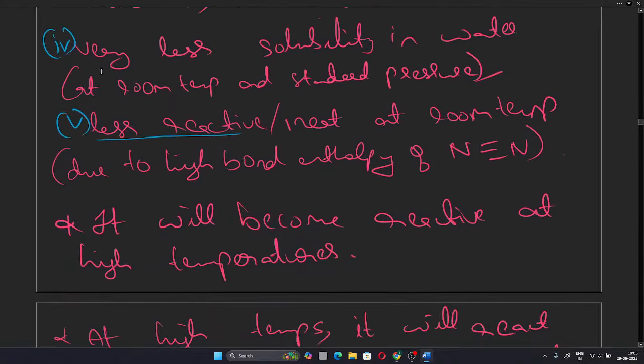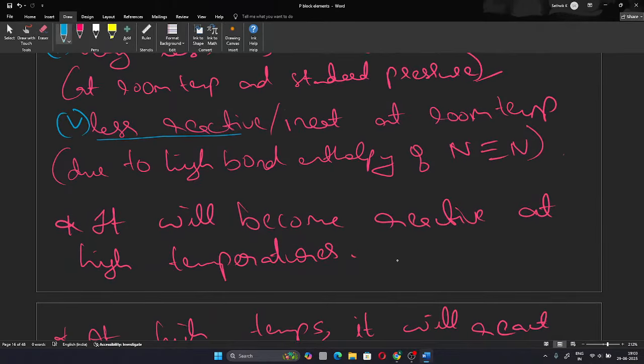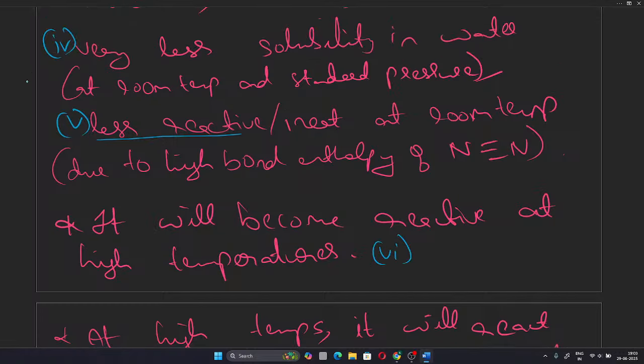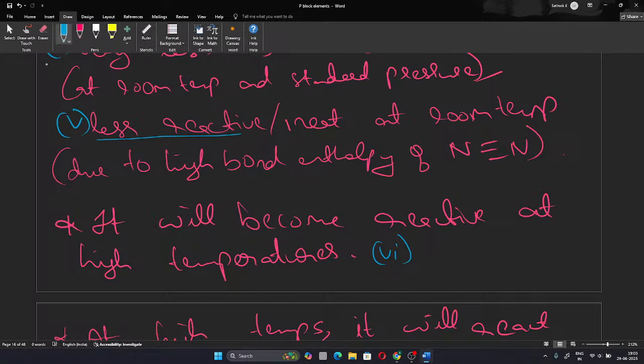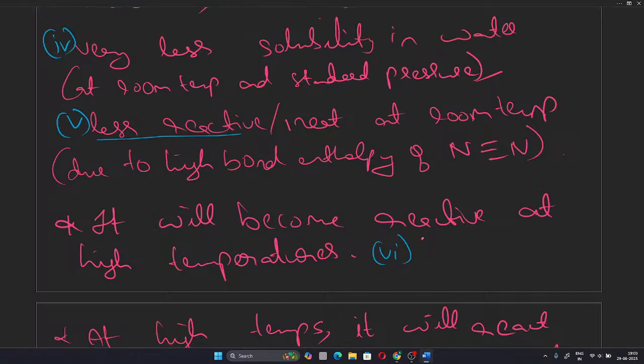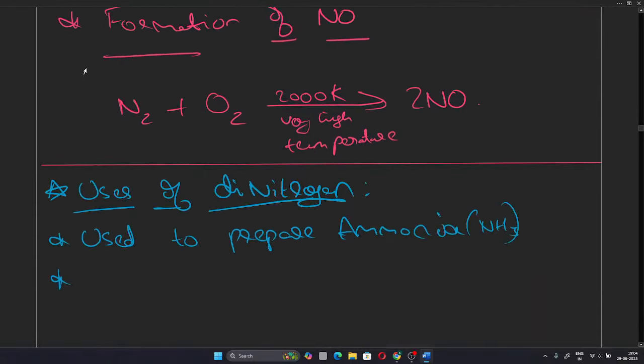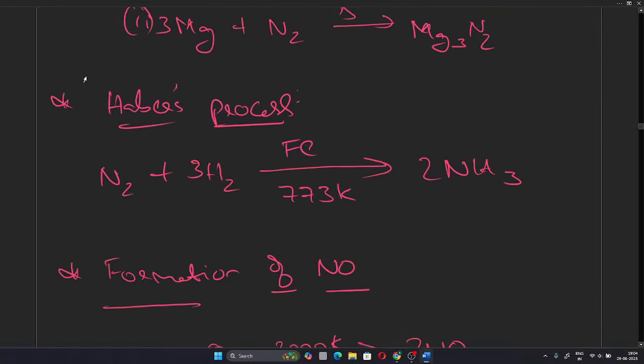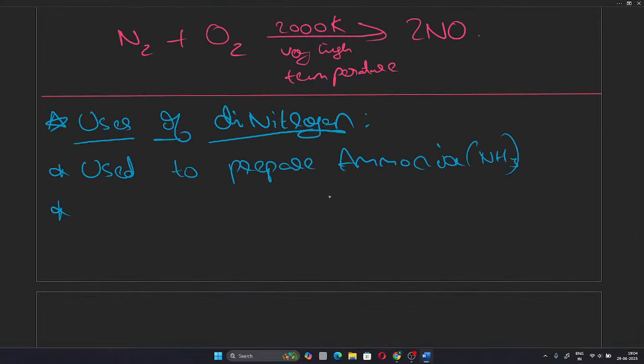There is one more point which I forgot to write here, that is it has low boiling, melting and freezing points. Okay, that is the case.